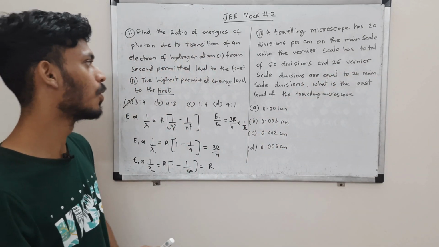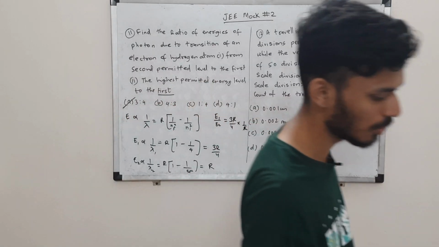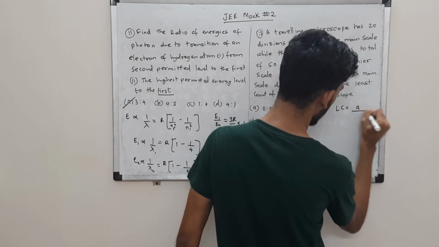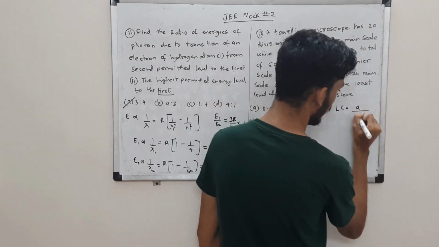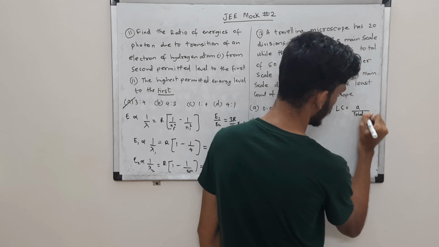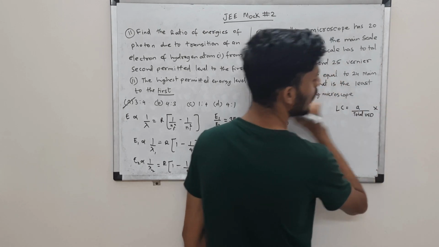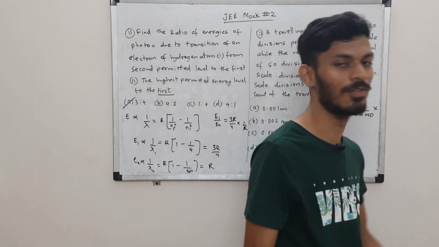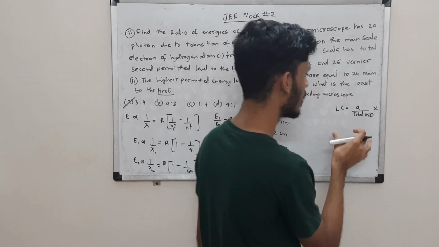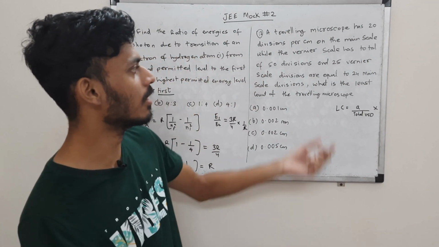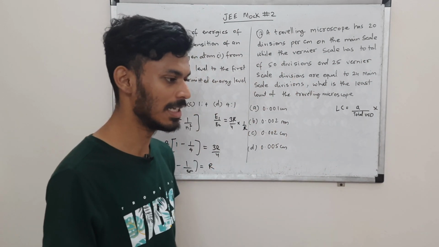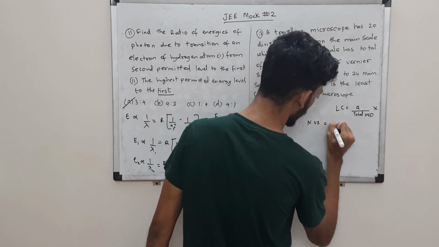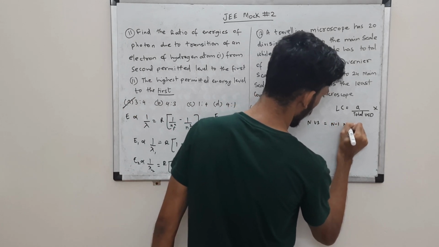Fine. So what is the least count of the traveling microscope? Those who use the formula of least count as the smallest division on the main scale divided by the total number of vernier scale divisions are going to get it wrong. This is only a special case. If you have seen my videos on vernier caliper, you'll know that this is a very special case in which the nth division of the vernier scale coincides with the n minus 1 division of the main scale.